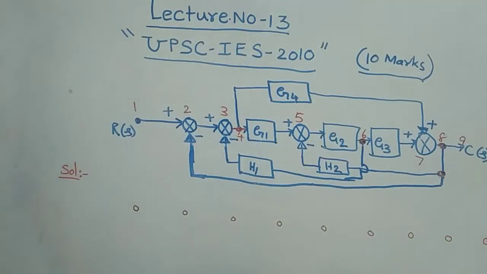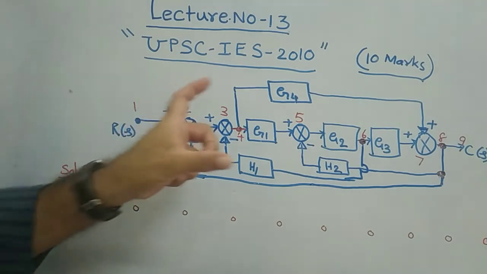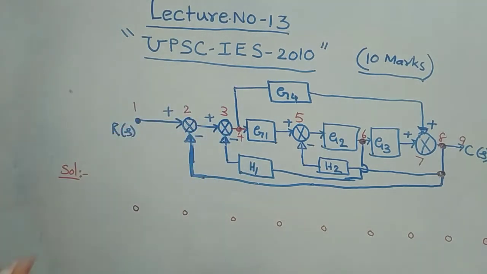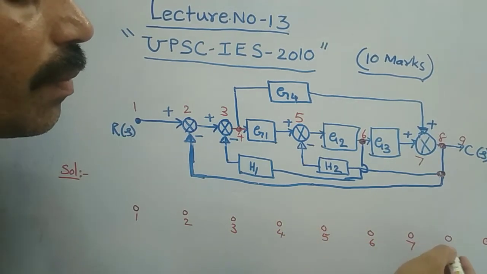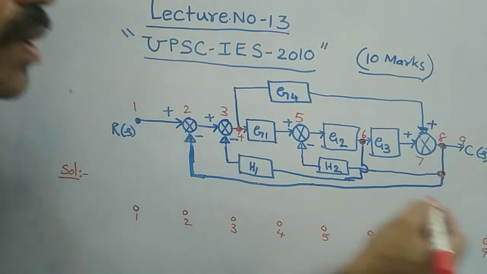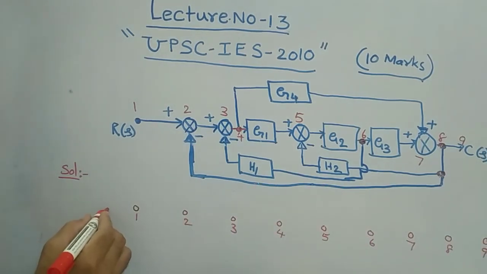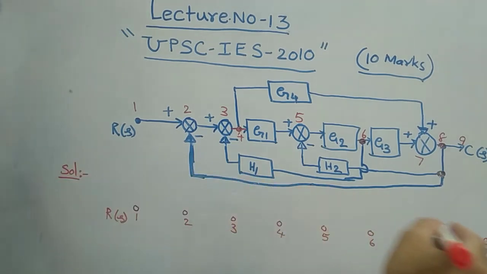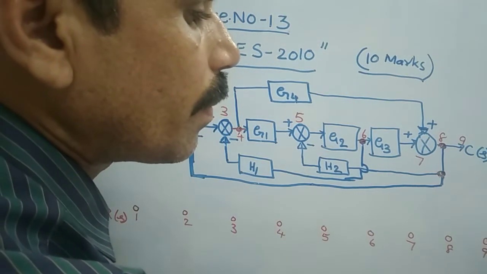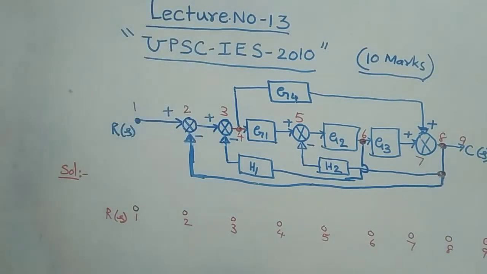Understood? So again, I am drawing the equivalent signal flow graph of this block diagram. Just remember that the first one is your R of S, and the 9th one is your C of S. Is it not?